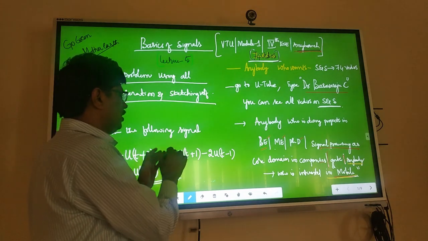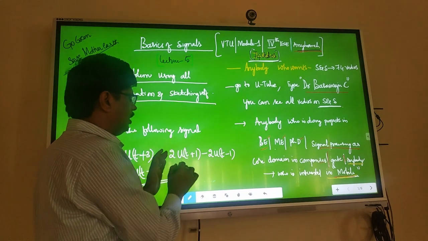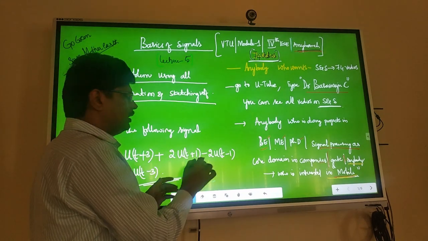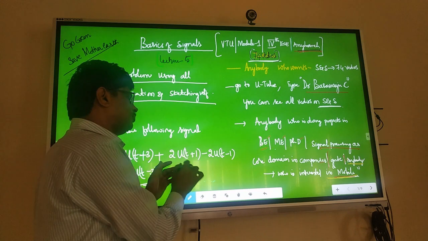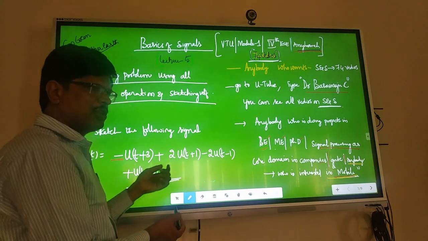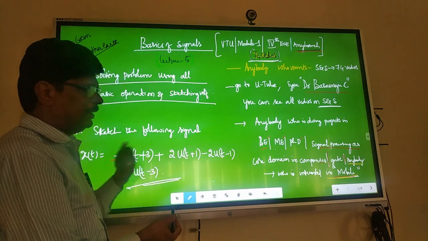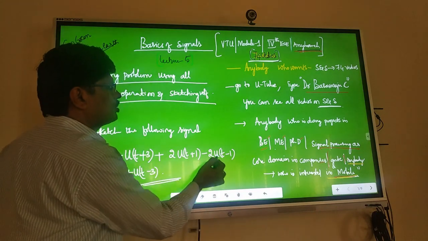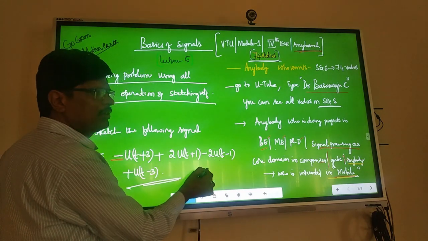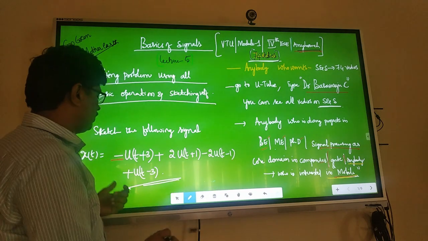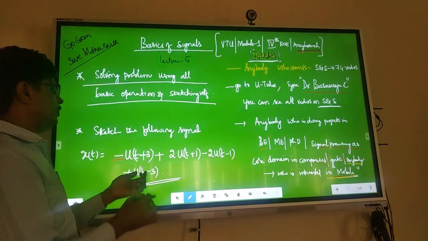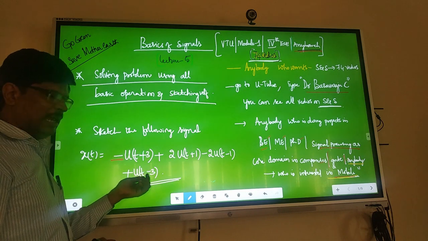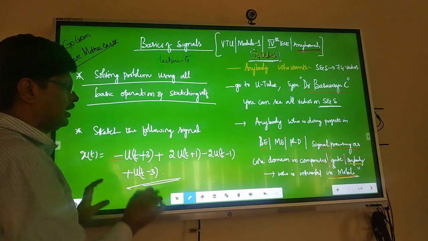Similarly, 2 is the amplitude scaling in 2 u of t plus 1, where t plus 1 is an advance shift by 1 second. Then minus 2 u of t minus 1 again has amplitude scaling and time shift, plus u of t minus 3, which is a delayed signal. This is the question being asked.